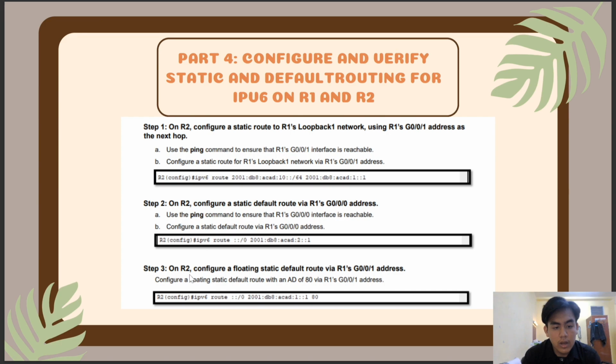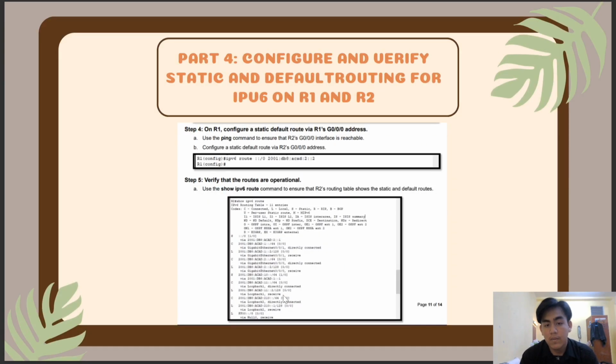Okay. Step 3 pula on router 2 configure floating static default routes via R1. So kat sini kita masukkan IP address yang menuju ke R1 tu lah, IPv6 punya, sama macam IPv4 tadi.